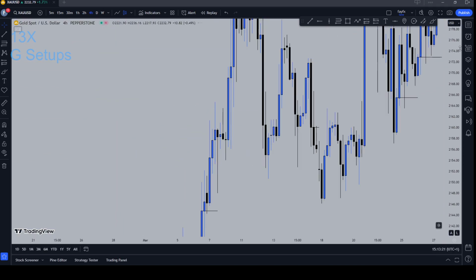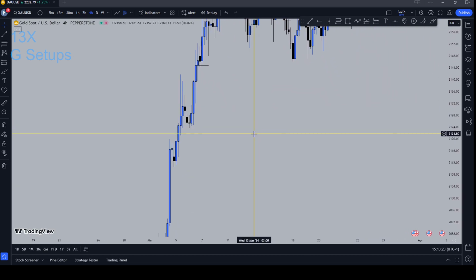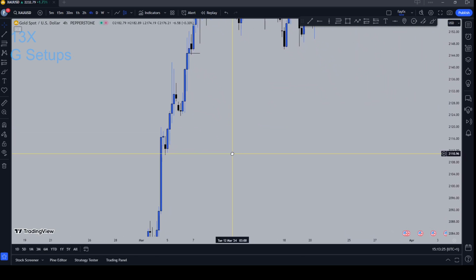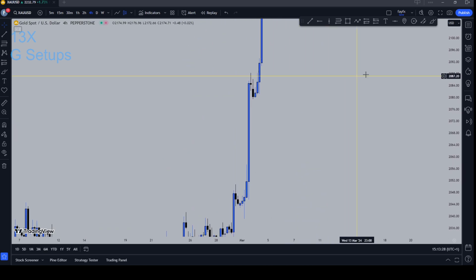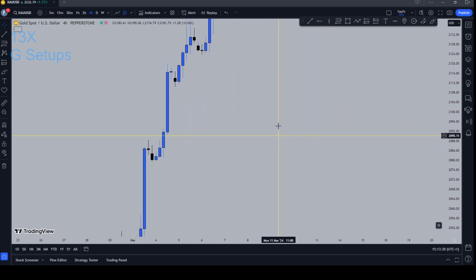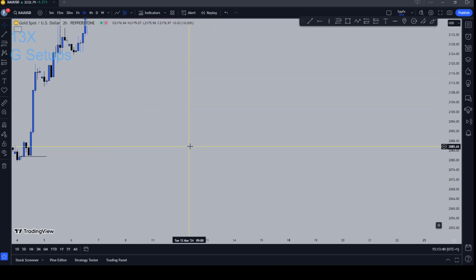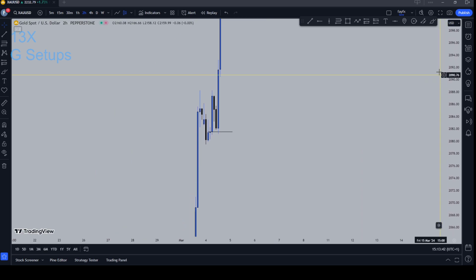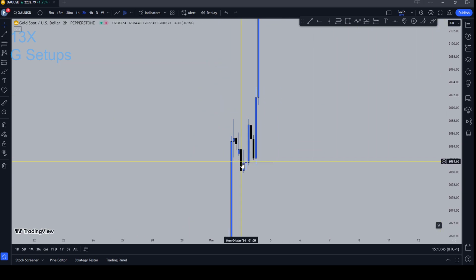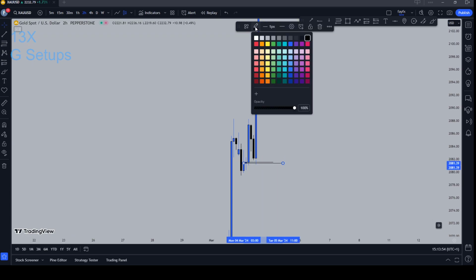Let's find another example. Look here. Yes. We have an H4 gap. When we go one time frame lower, we find another gap, but just below this gap, we have a gap CC.